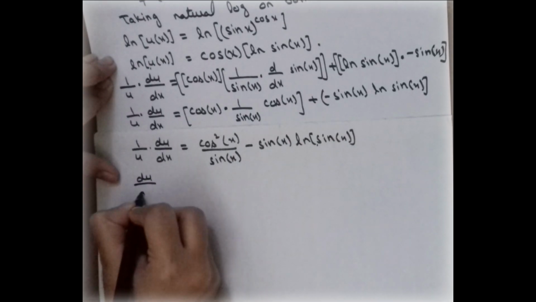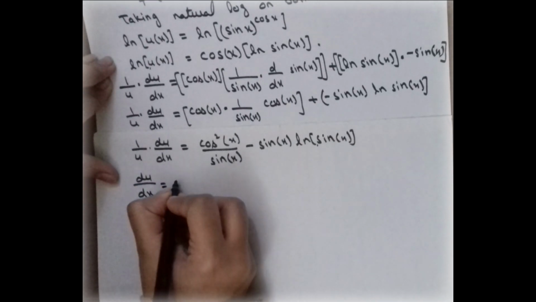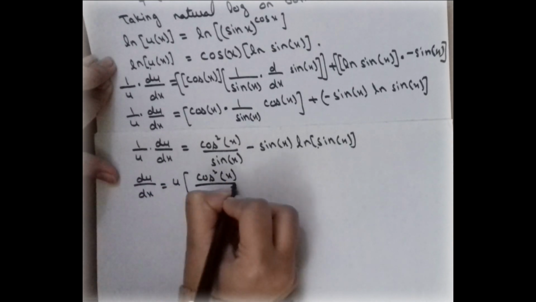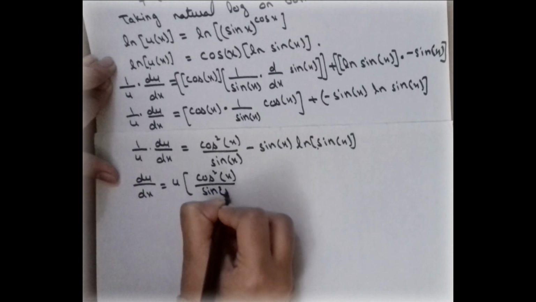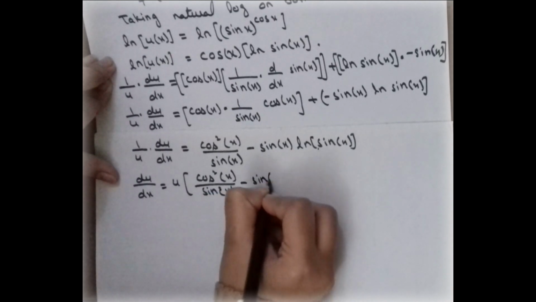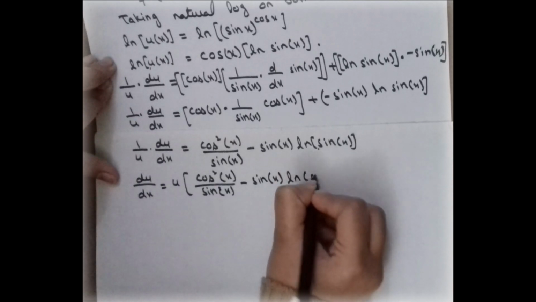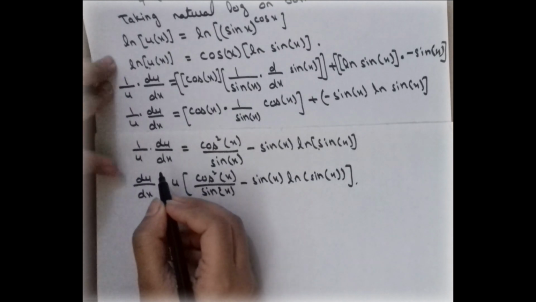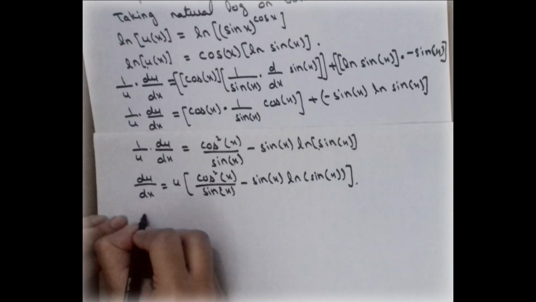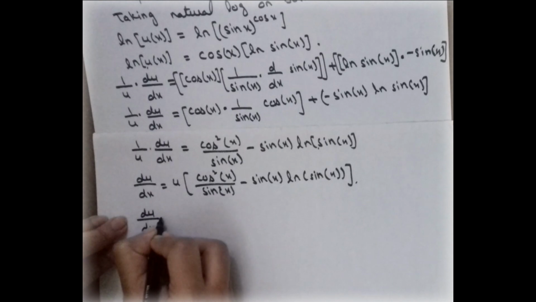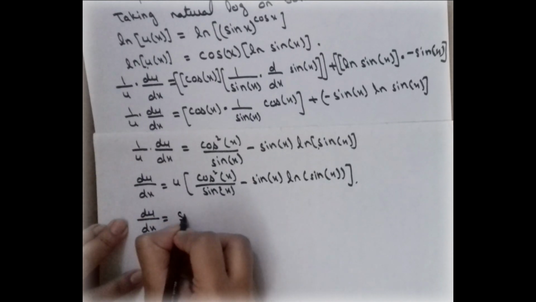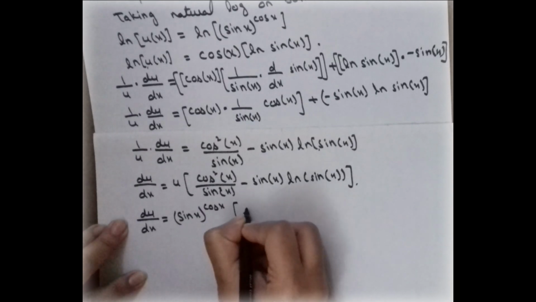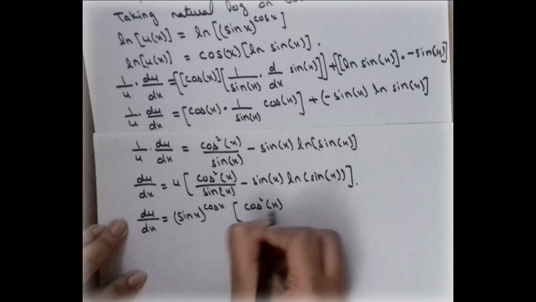So du over dx equals u times this. Put in the value of u from the first equation: du over dx equals sin of x power of cos of x, and the remaining term is written in the same way.